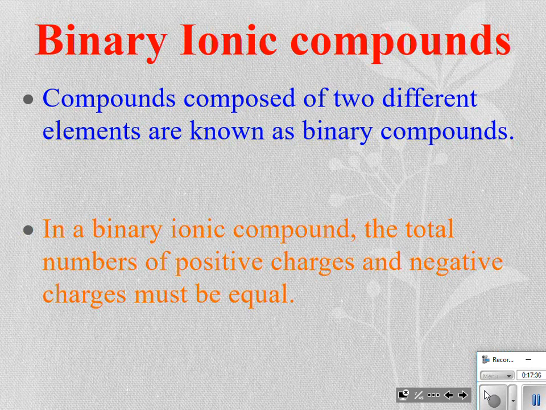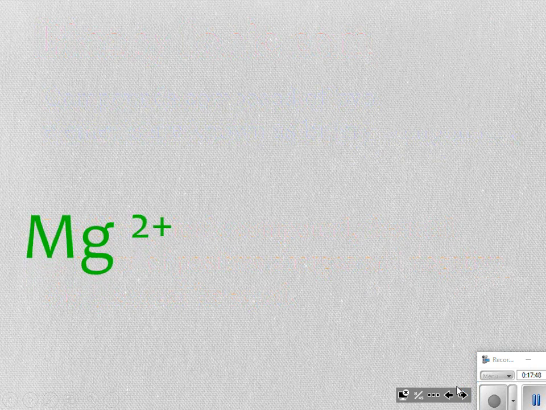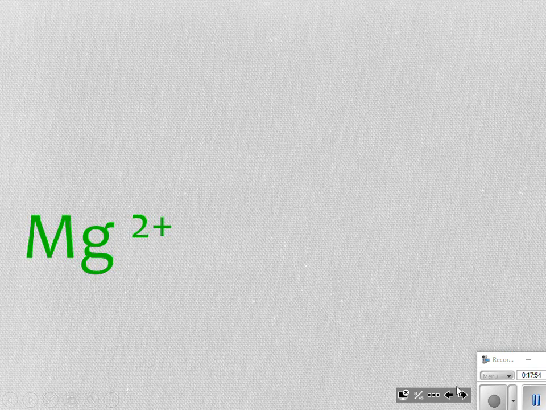Now, we've talked about binary ionic compounds already because we discussed dot notations with certain things. Now, let's relate these. I've got magnesium here. If you remember, magnesium has 2 valence electrons, correct?